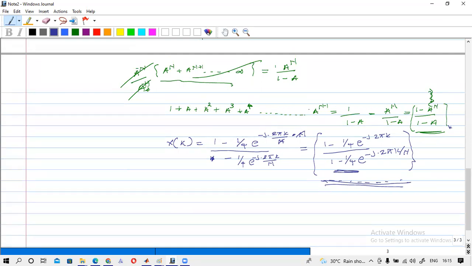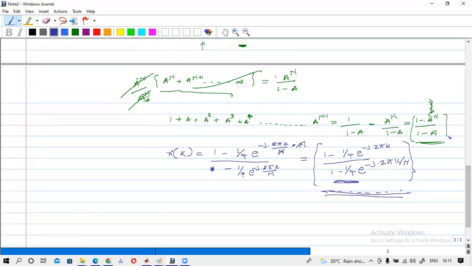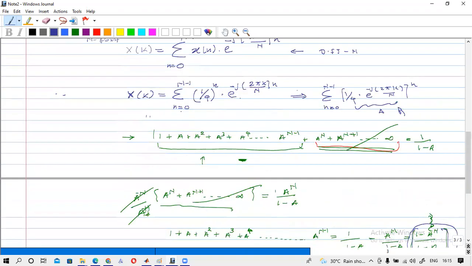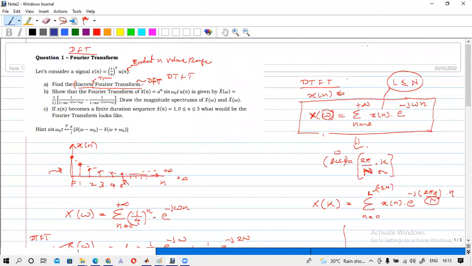Otherwise this will be the procedure, and I think I am sure of this result because I can remember it. So now that part is over.